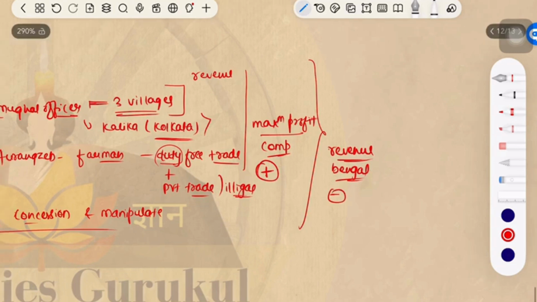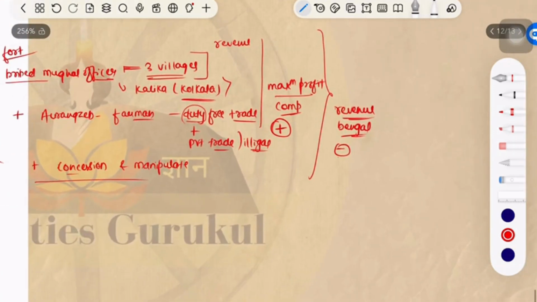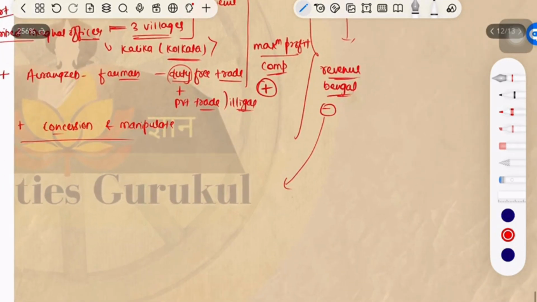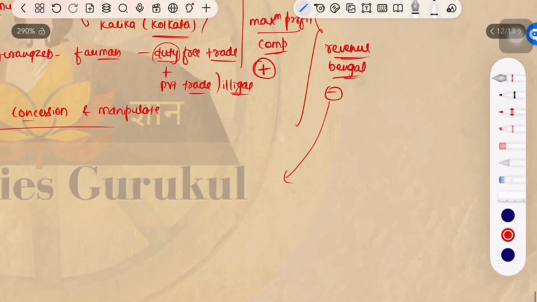So obviously if you are going to some territory and doing your business, that is totally fine, but it should not affect the internal economy. But their actions were impacting the internal revenue of Bengal. And now it came to the notice of the Nawab also. And after some point of time, they also reacted.